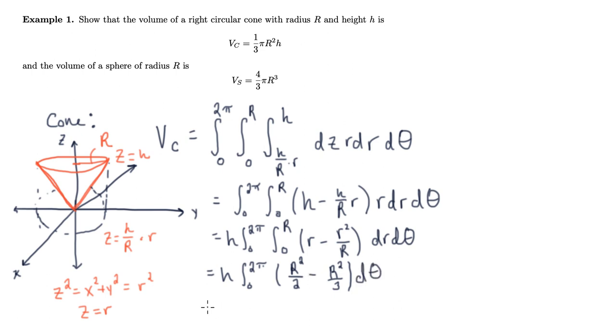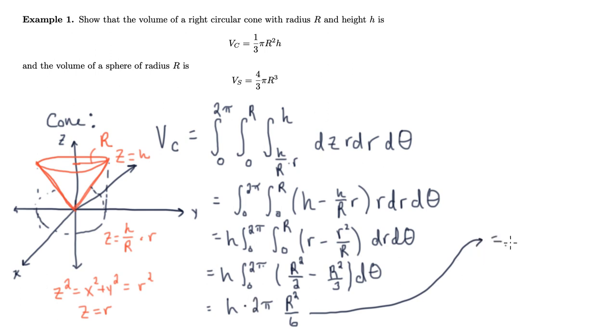Okay, this is looking good. And then this is just a constant, so if I integrate theta from 0 to 2 pi, I get h times 2 pi. And then what is this constant? Well, this is just a half minus a third, which is 1/6. So R squared over 6. But let's simplify that a little bit.